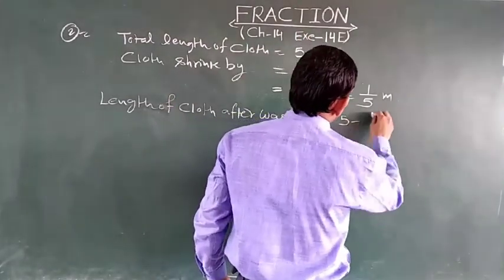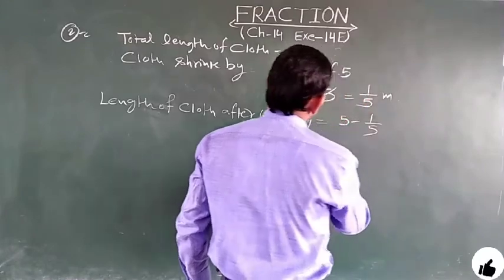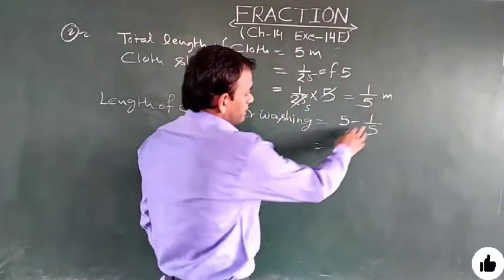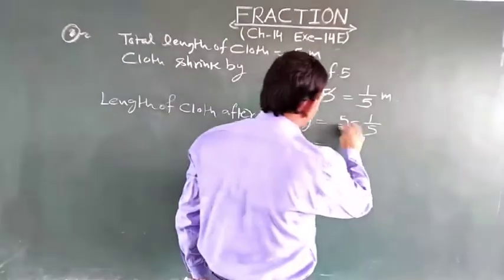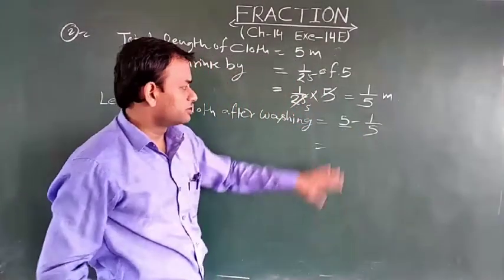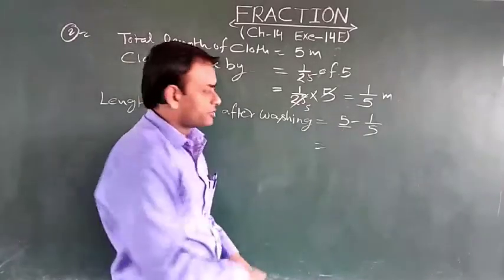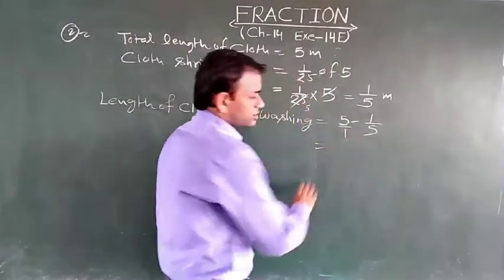Then 5 minus 1 upon 5. Okay. You can see here this is a fraction, but this is not a fraction, this is a whole number. So we will make it a fraction by writing 1 as a denominator. Okay, now both are fractions.